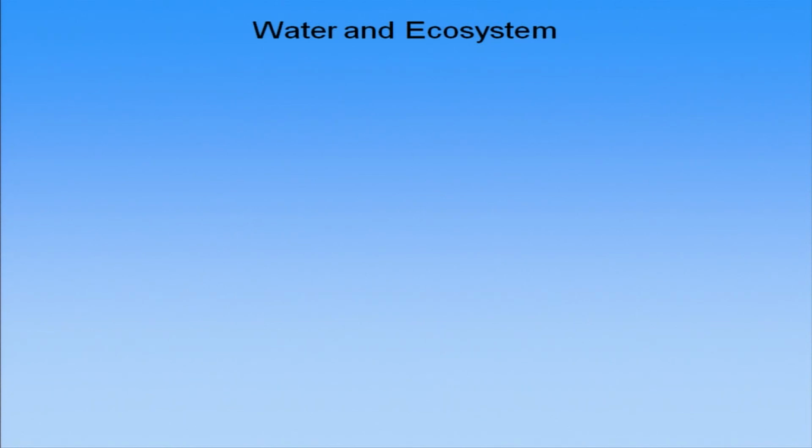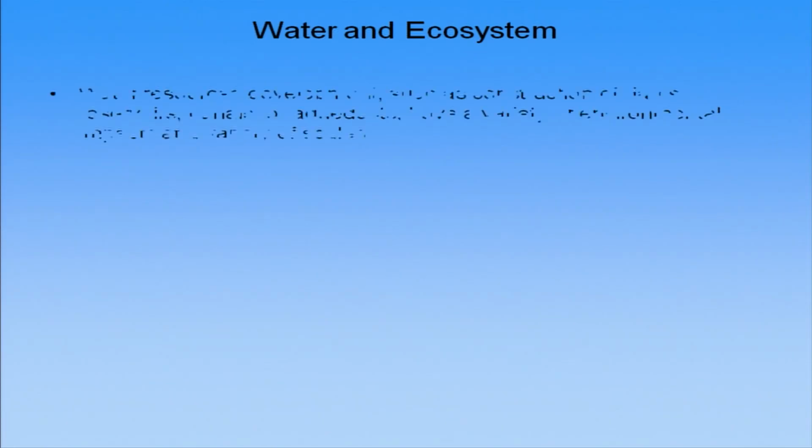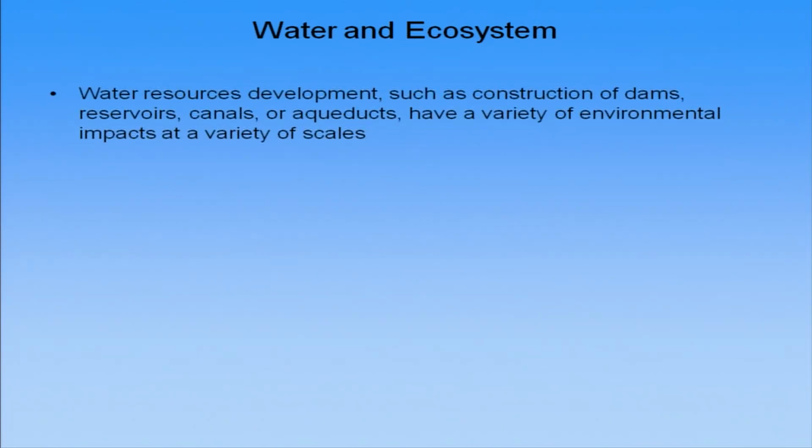Water and ecosystem. So, water resource development such as construction of dams, reservoirs, canals, aqueducts have a variety of environmental impacts at a variety of scales. Now, the example, that is the effect of dam on environment, what we usually face in the long term.